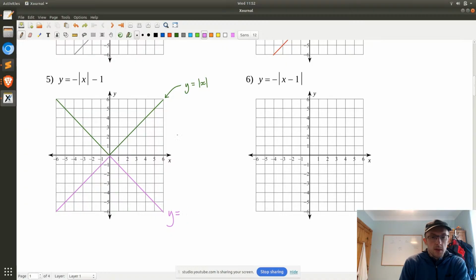Beg your pardon, negative absolute x. Okay. Now I have to take away 1 from every single y value, which brings the whole thing down by 1. And I believe that that's the final answer there.